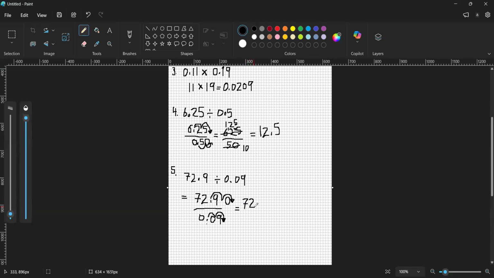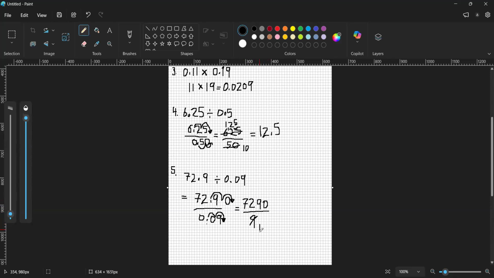So let's see how that plays out: 7,290 divided by 9. Can you see how it looks now?